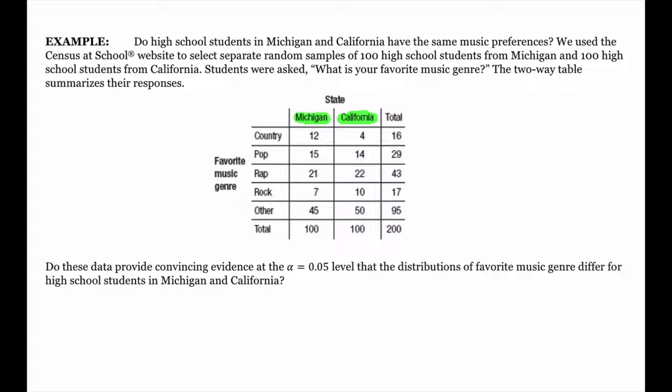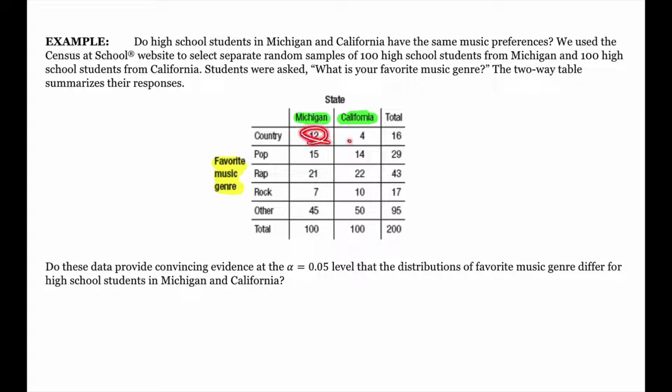So they're testing to see if students in Michigan and California have the same music preference. They're testing to see, hey, are these numbers here the same as these numbers here? Obviously, they're not the same. Anyone can see they're not the same. None of them are the same. Some are close.